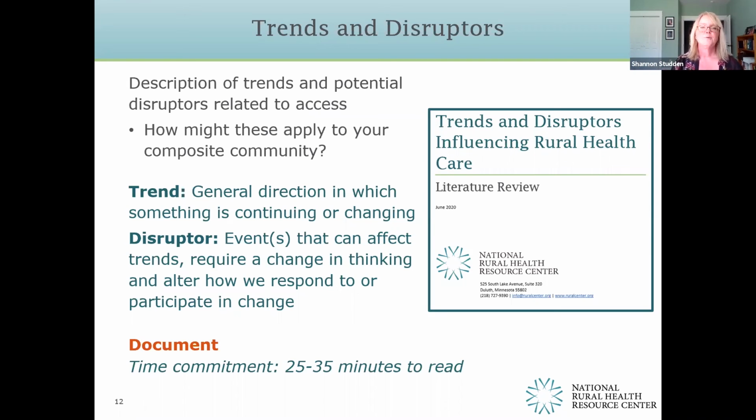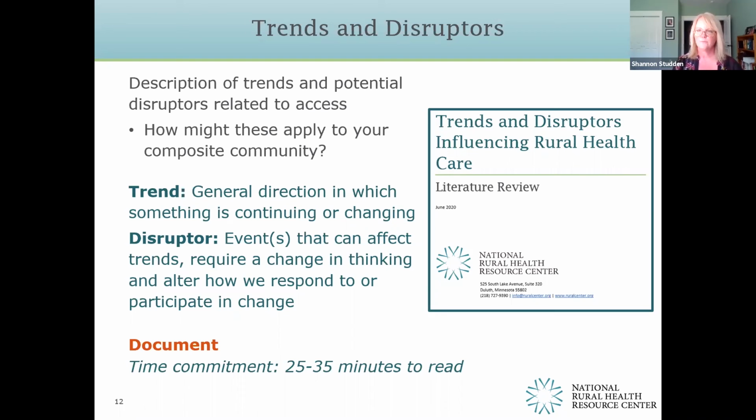We've been defining trends as we've got in this slide here. We're considering a trend to be a general direction in which something is continuing or changing, such as the aging of Americans. We're getting older in rural areas. And a disruptor is something that can affect a trend, require a change in thinking, or change the way that we respond to something that's going on, such as a reimagined care environment.